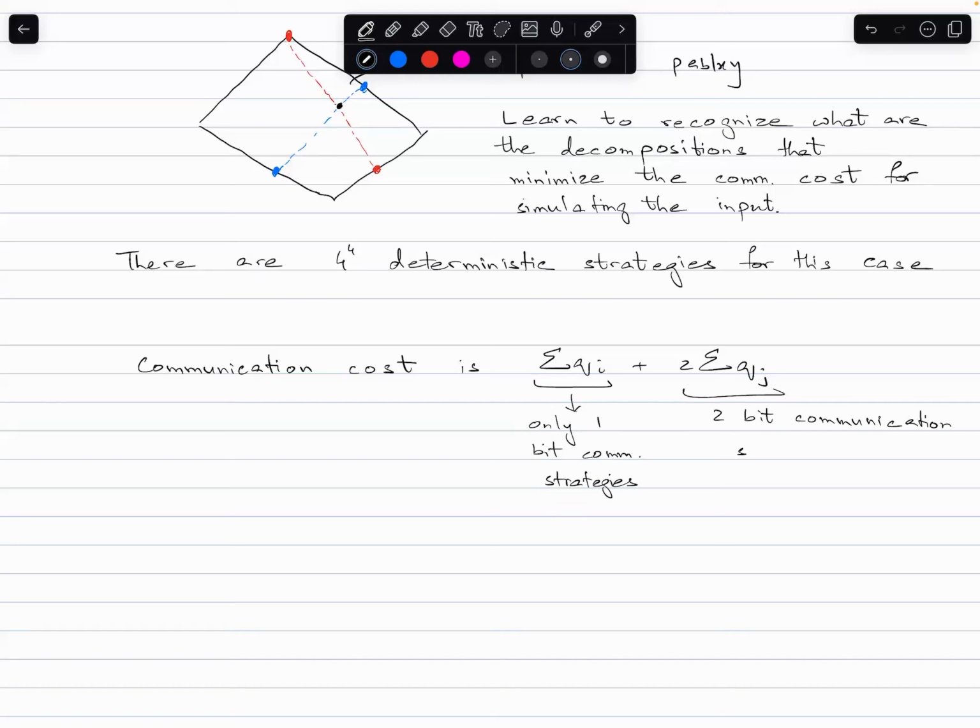We are just summing over the probabilities of how many strategies we are using that use 2 bits of communication, and then we are multiplying with 2. So probability with which we use a 2-bit communication strategy multiplied by 2, probability with which we use a 1-bit communication strategy multiplied with 1. Add up these 2 things, and you get essentially the total communication cost.